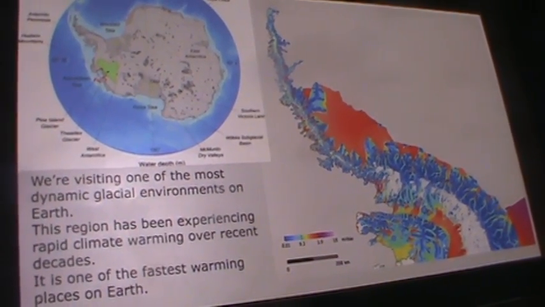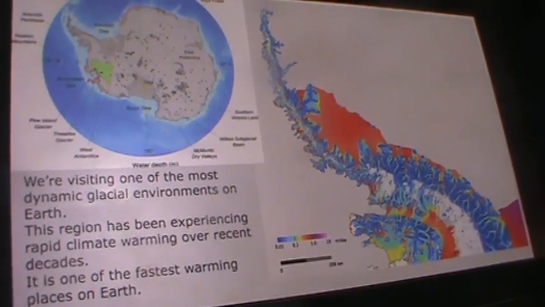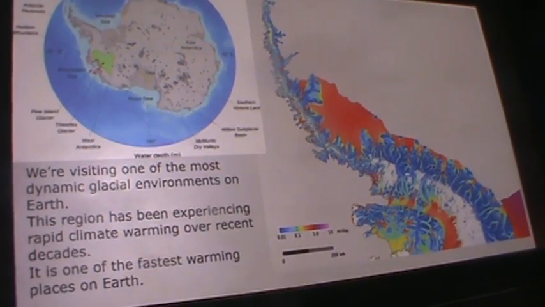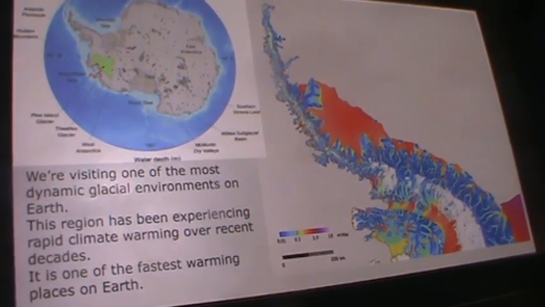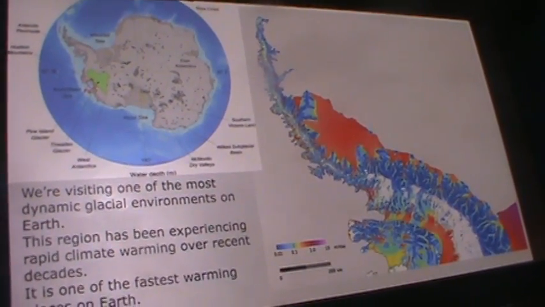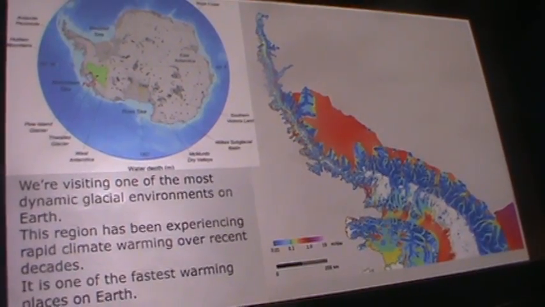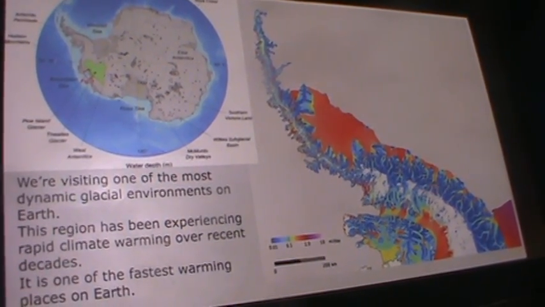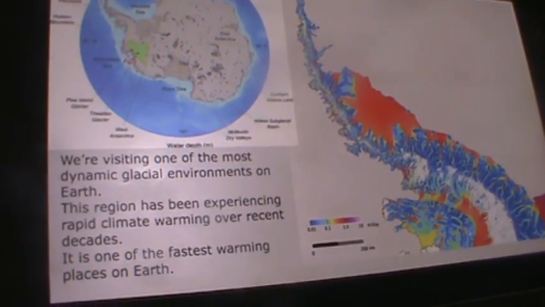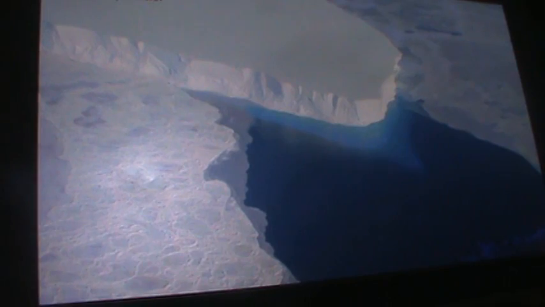So this area, the exact place that we're going to, is experiencing rapid climate warming. And it is one of the fastest warming places on Earth. It has the warmer air coming up from the ocean, so you have this kind of warmer maritime climate along the peninsula. So it's slightly different from the rest of the continent. The east of the continent is warming as well, so the whole of the Antarctic is warming, but this particular one is warming more than anywhere else.